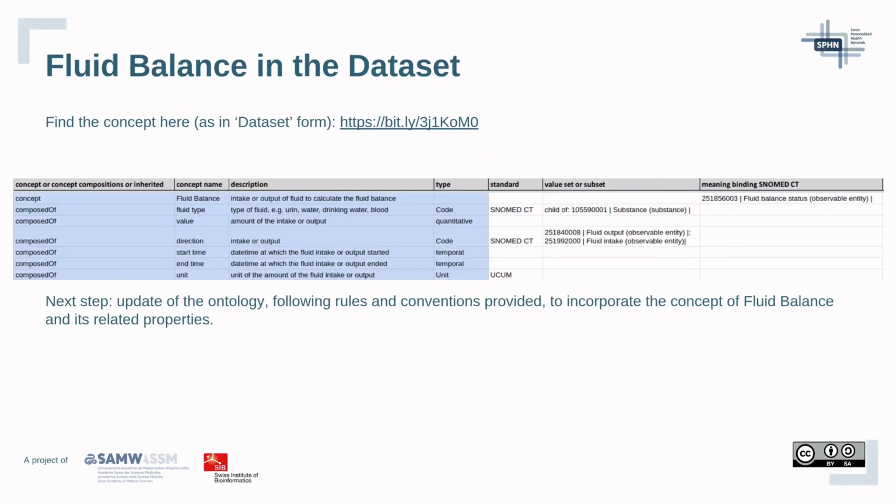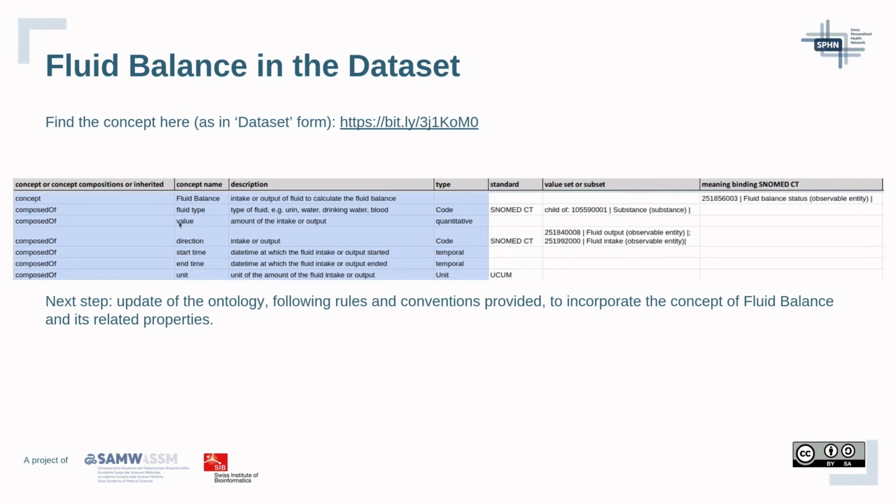So the fluid balance here in this example is defined as follows. We have a concept name, fluid balance, which has multiple properties or attributes connected to it. So it has a fluid type, which is of type code and has possible values coming from a SNOMED CT specific branch.